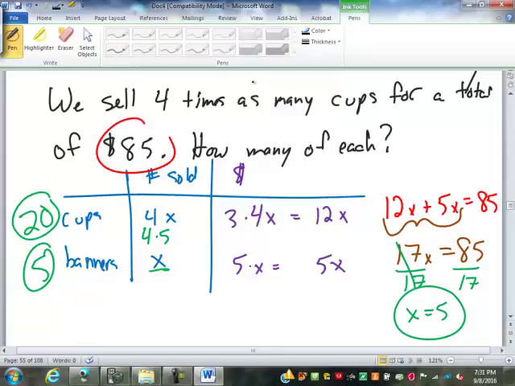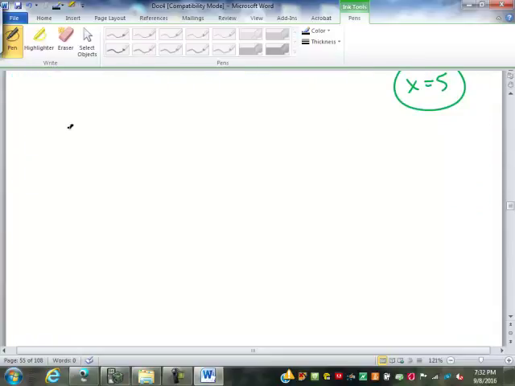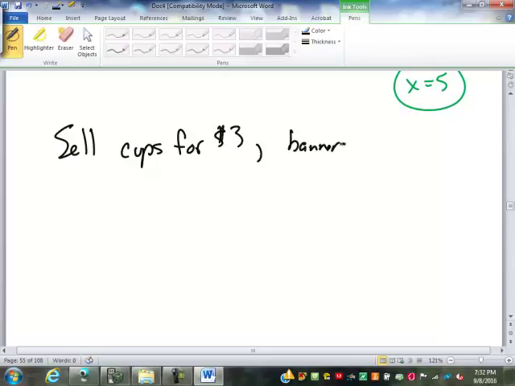So that's one type of these problems we can run into. The other type of this kind of problem that we can run into is this. So we sell cups for $3 and banners for $5 again.